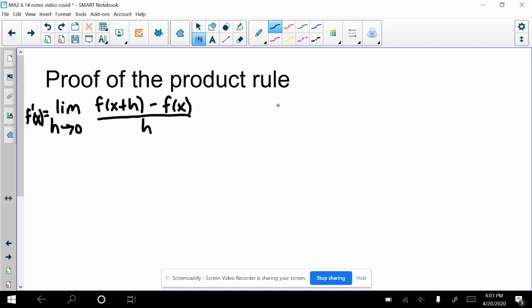All right, well, the function we want to find the derivative of is not just f of x. It's a product. It's a function f of x multiplied by another function g of x. So using that, we're going to plug that into the formal definition and then simplify and find the limit to see what we come up with.